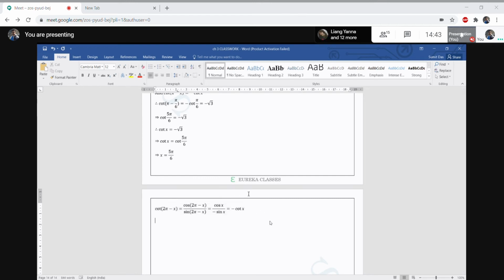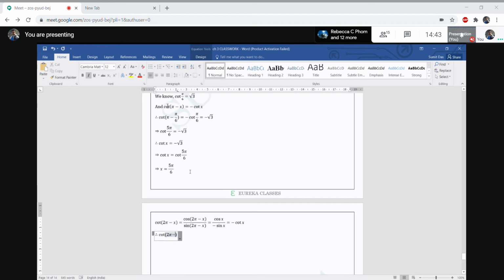Therefore cot(2 pi minus pi by 6) is equal to minus cot(pi by 6), which is equal to minus square root of 3.